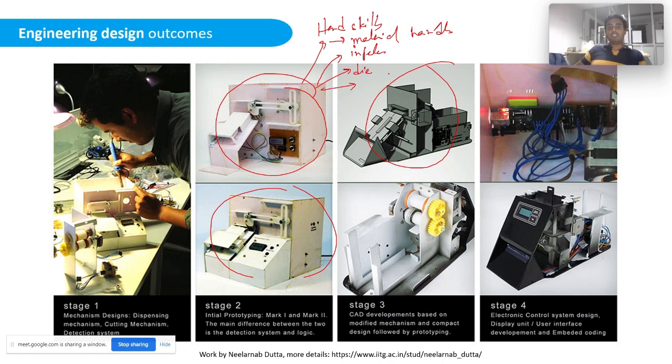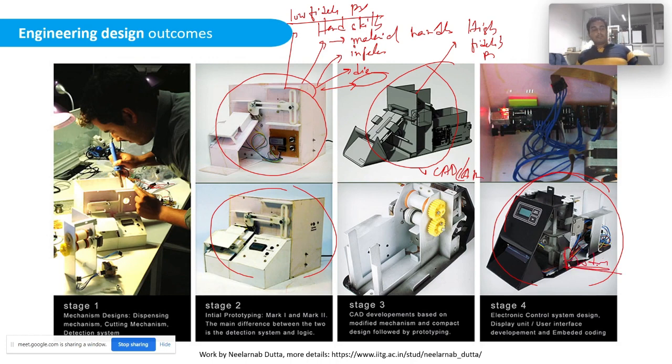All those decisions are taken at this engineering design phase, and as an outcome we can have low fidelity prototypes and high fidelity prototypes, and these need knowledge of CAD CAM to arrive at the final product. So this is the final product.